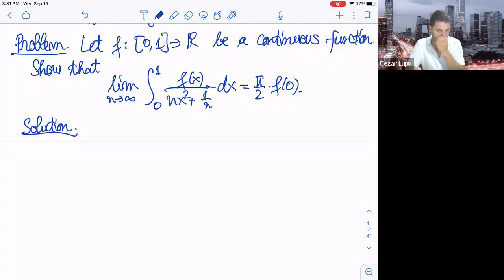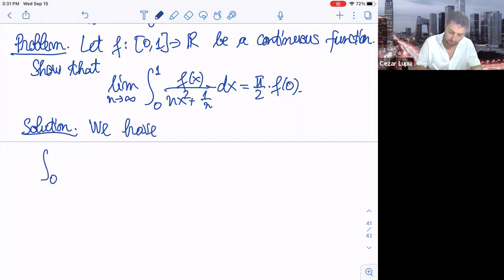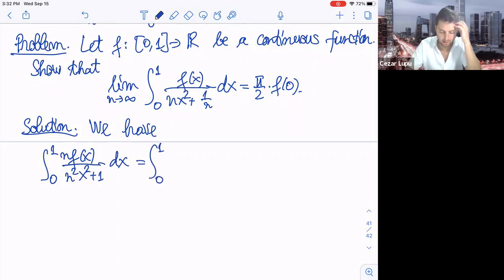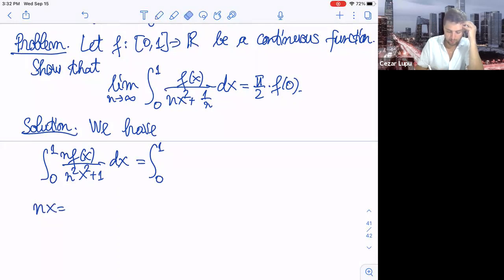So we have this integral. If we perform the following change of variables, let's say nx equals t, equals u, sorry, let's use u as a u-sub.